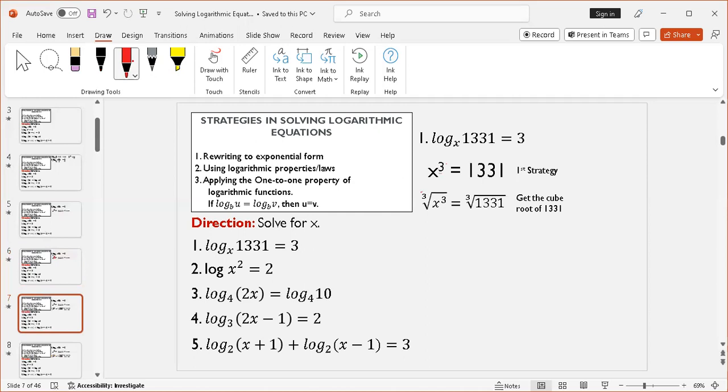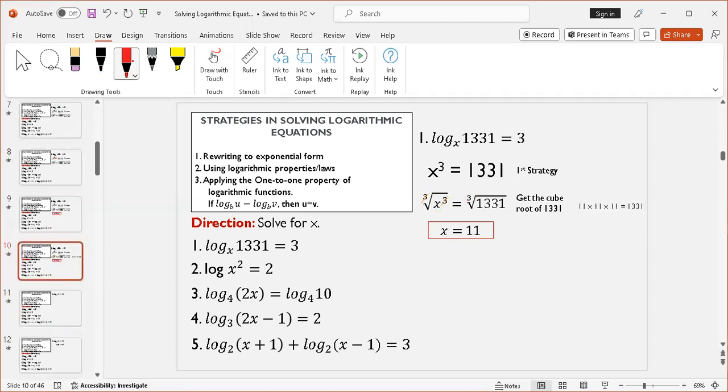Bakit? What's the purpose of that? Para makancel natin sila. So ang matitira na lang ay yung x. Ito na lang yung kinuha natin, x. And then, we get the cube root of 1,331. So, look for a number that when multiplied 3 times by itself, the answer is 1,331.